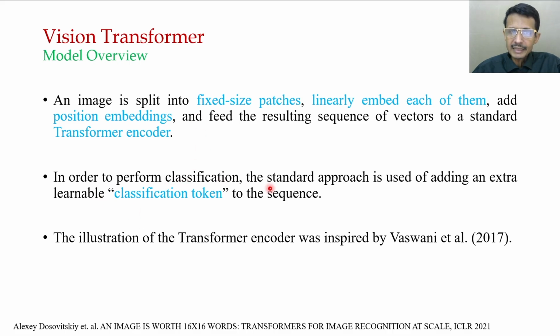In order to perform the classification, the standard approach is to add an extra learnable classification token to the sequence. The illustration of the transformer encoder was inspired by this paper. Okay, that is the main model architecture of the transformer.